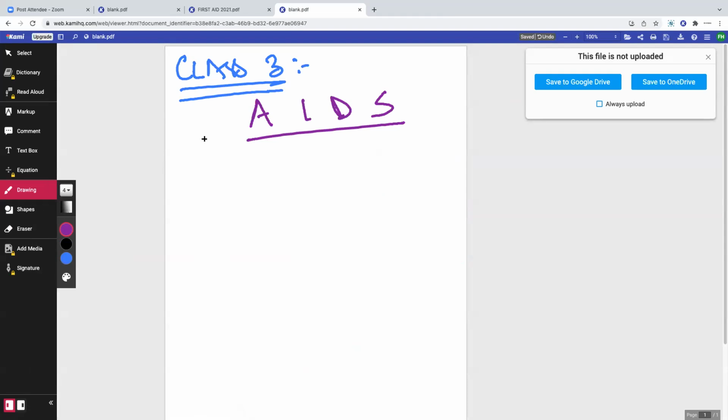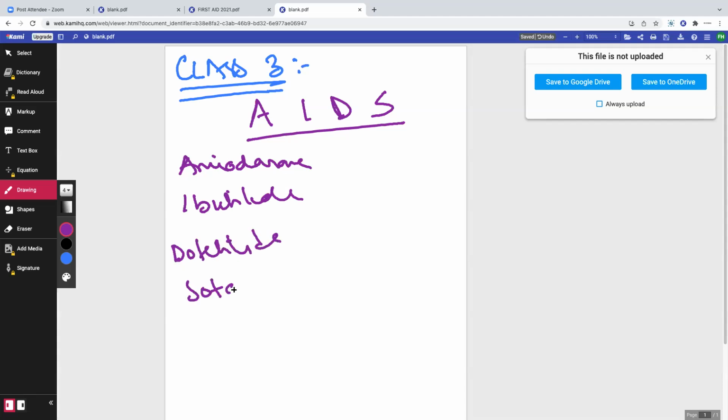With AIDS, what do we have? A for amiodarone, I for ibutilide, D for dofetilide, S for sotalol. Are we clear? Yes or no?